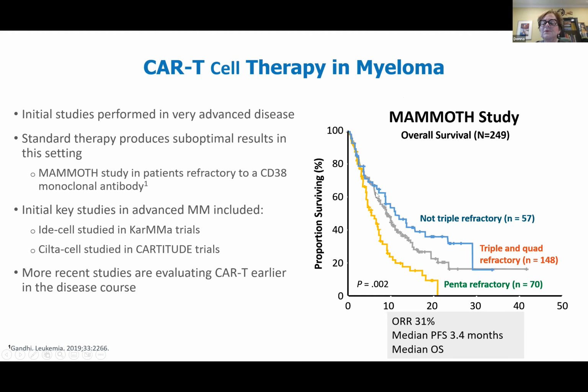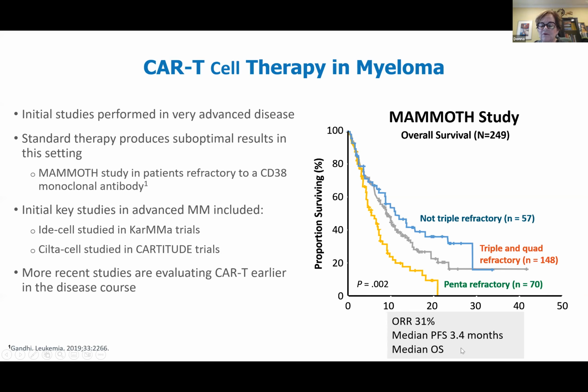These are people whose myeloma has grown through a proteasome inhibitor like bortezomib or carfilzomib, an IMiD, usually lenalidomide and or pomalidomide, and one of these antibodies. So this triple refractory population, this gray line, is often a reference point, and we know that when these drugs have been used up, the response rate's low, and the median progression-free survival, that's the time half of people are in remission longer, half of people have fallen out of remission by that time, is between 3 and 4 months.